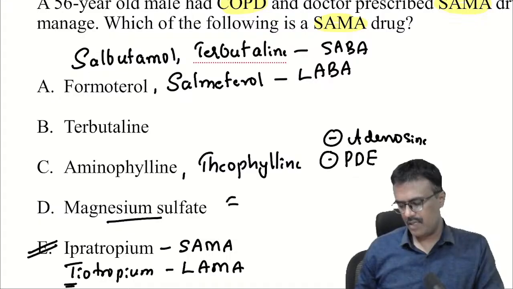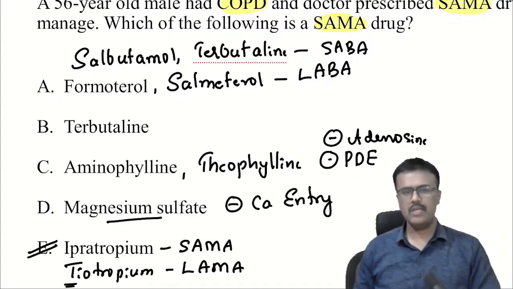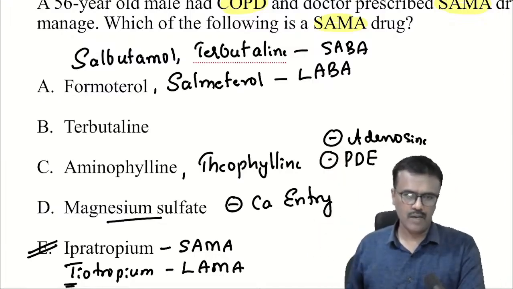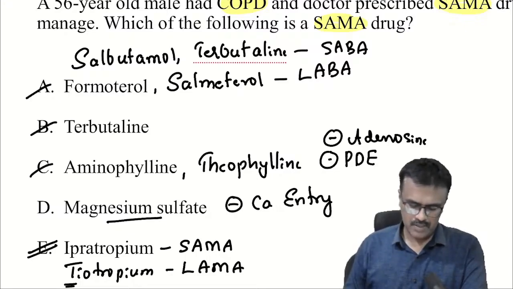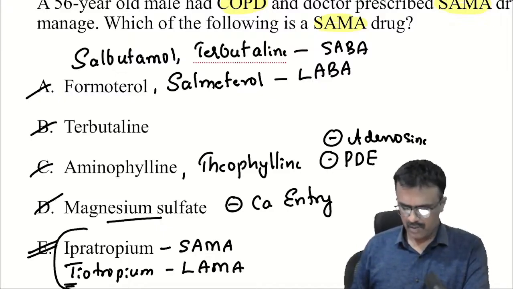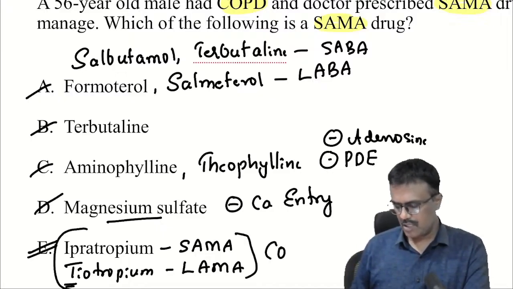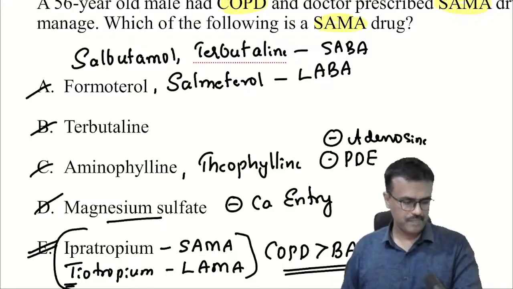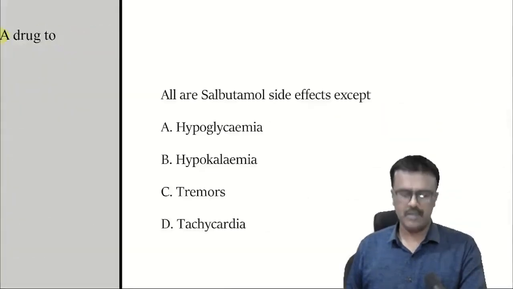Magnesium sulfate inhibits calcium entry and causes bronchodilation. Please remember all these options that you have written. They are all bronchodilators, and I have told you the mechanisms. All A, B, C, D, they are used for asthma. Ipratropium and tiotropium are mainly used for COPD compared to asthma. This is the point. So I hope you got the drugs.